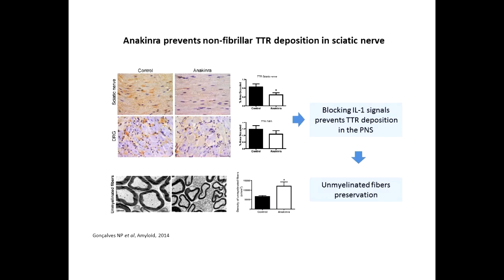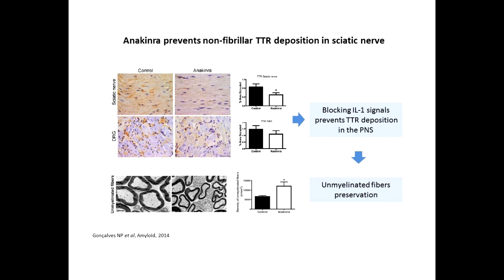And so we have tried recently, and this was published one month ago, what about if we treat transgenic mice, now without injury, regular transgenic mice, with an antagonist for IL-1, anakinra, one of the inhibitors we treated with, which would prevent IL-1 effects.